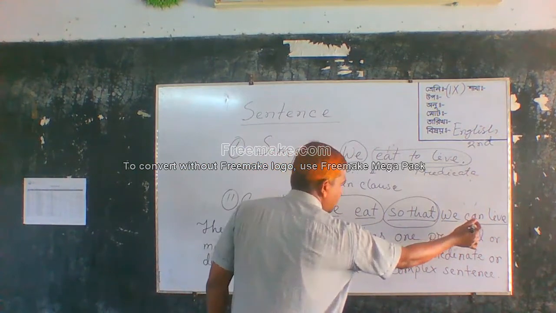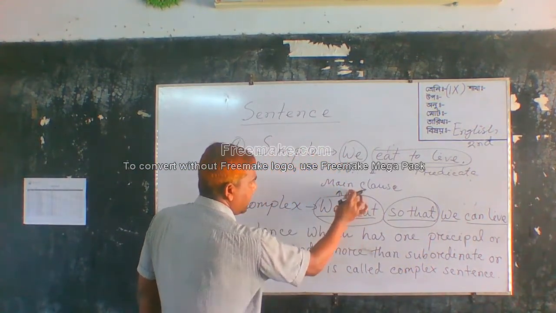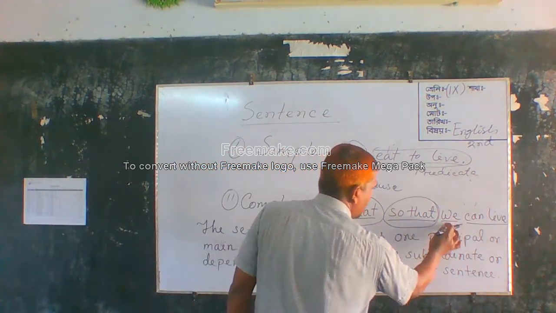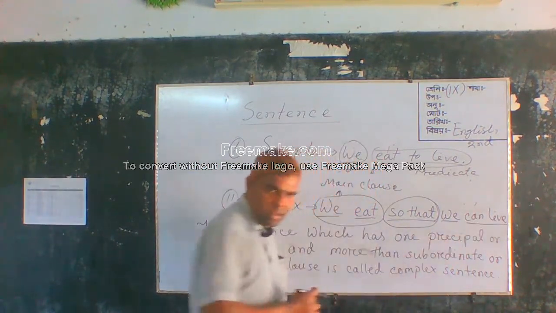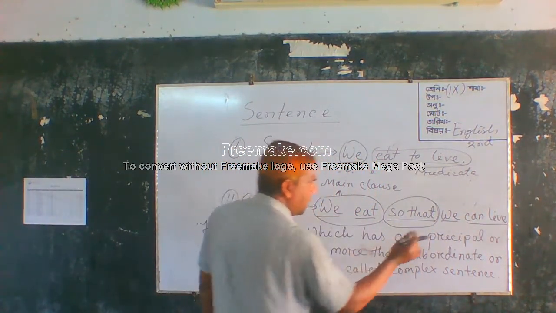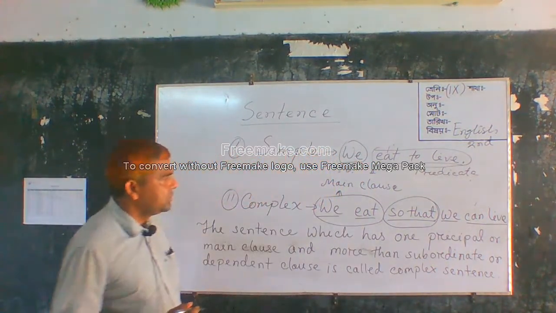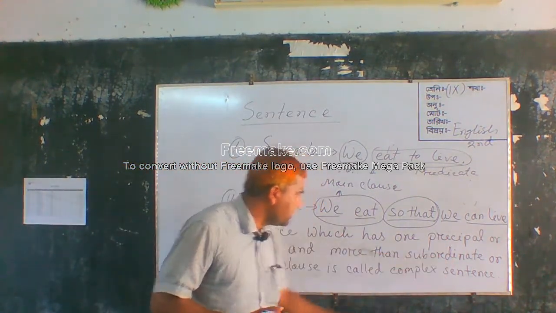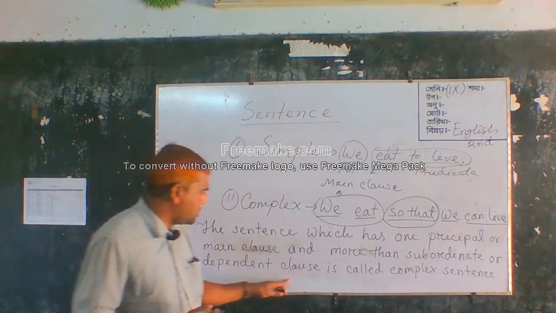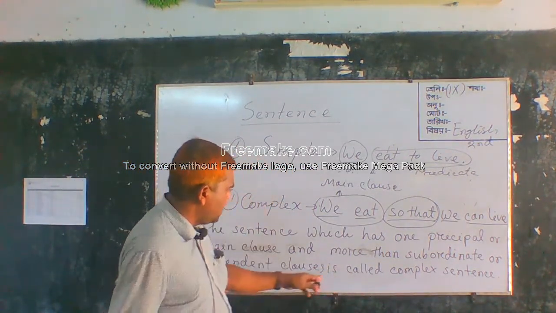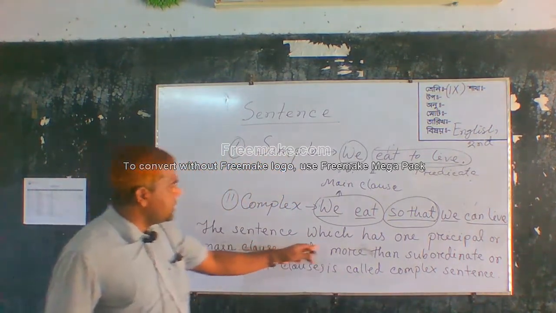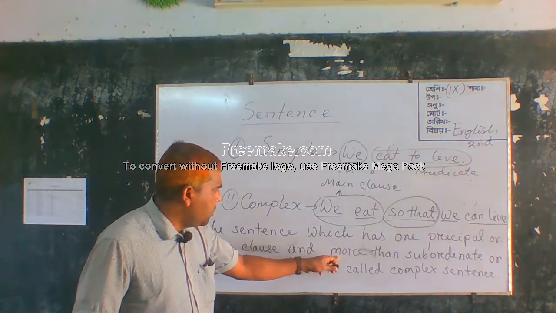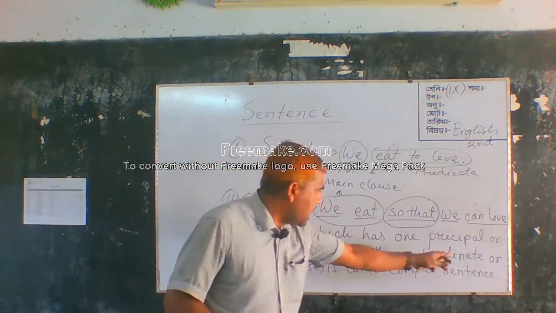Here, we eat is the main clause, so that is the subordinating conjunction, and we can live is the subordinate clause.